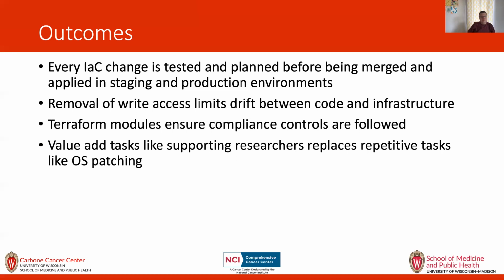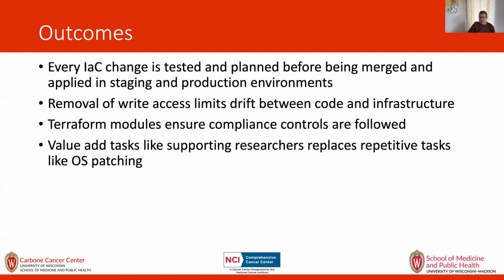As I said at the beginning, we've removed all write access for myself in the staging and production environments. And this has ensured that there's almost zero drift between our infrastructure as code and the infrastructure that we have built in our staging and production accounts. And I was surprised at this at first.